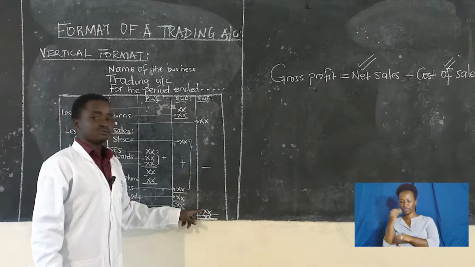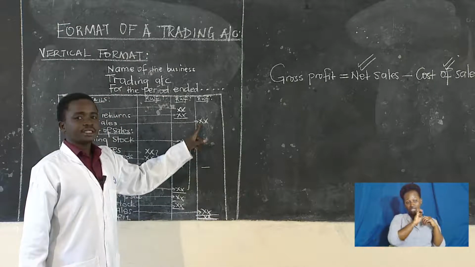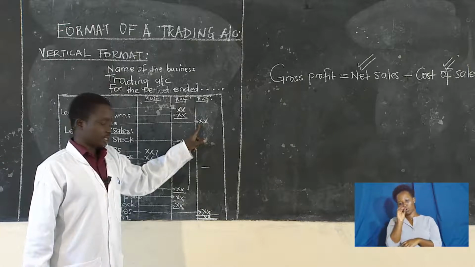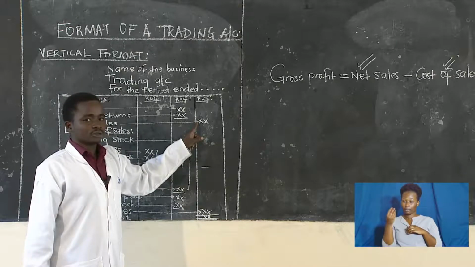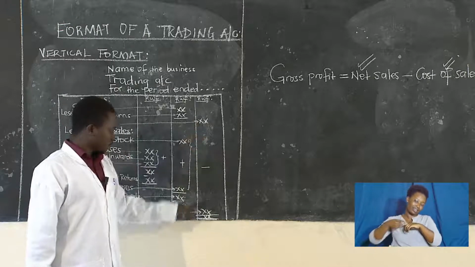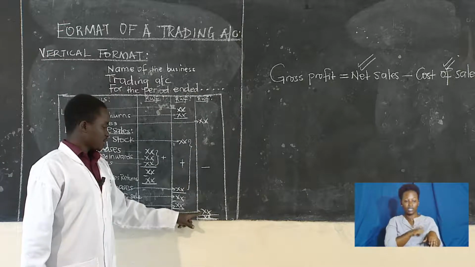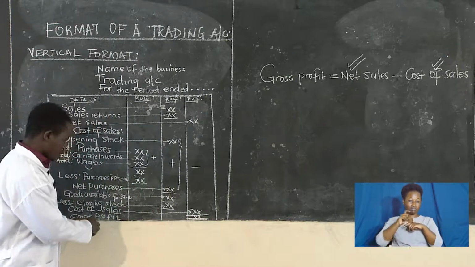If cost of sales are greater than net sales, you get a gross loss. In this case, our net sales are greater than cost of sales. And if you get a gross loss, you don't write profit here.